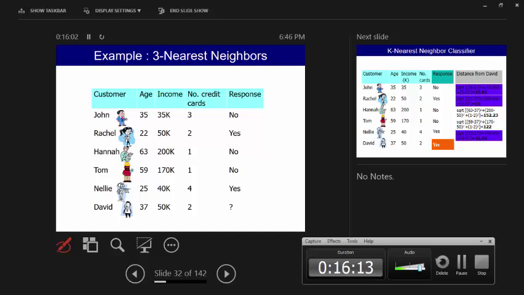If you want to make a 3 nearest neighbor, among those we have John, Rahel, Hannah, Tom, Nellie, David, all with different ages and different incomes. Rahel's income changes from 215K to 50K. Then number of credit cards and the response, yes, no.